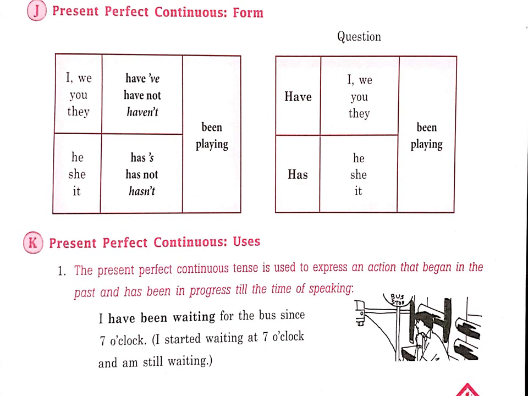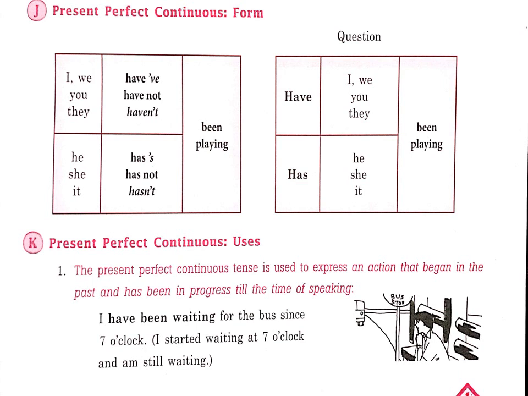Present perfect continuous uses. The present perfect continuous tense is used to express an action that began in the past and has been in progress till the time of speaking. Means the action started in the past, but when you are speaking it is continuing still. See, I have been waiting.